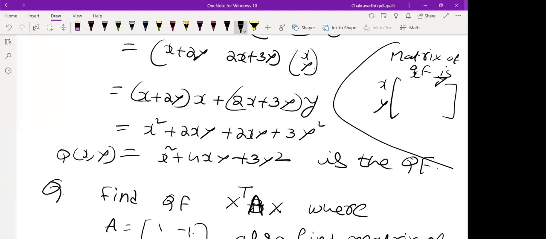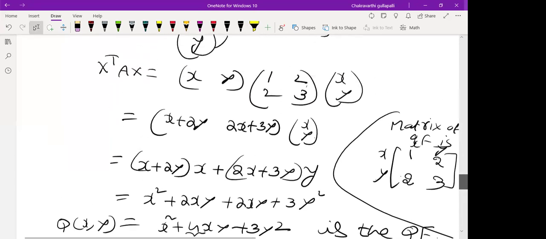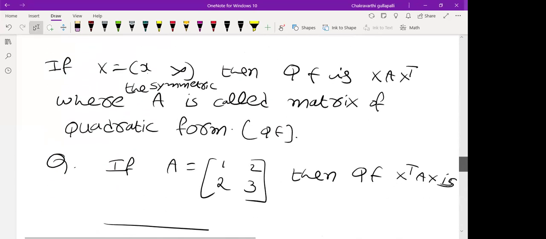X into x, x square: the coefficient is 1. Y into y, y square: the coefficient is 3. XY coefficient: x into y, xy, here also and here also. The coefficient is 4, you have to divide by 2, and 4 by 2 is 2. Write the same here, and this is the matrix of the quadratic form. The same thing we got as the given matrix. In the given question, you are already given A as [[1, 2], [2, 3]]. So if it is symmetric already, this is itself the matrix of the quadratic form.